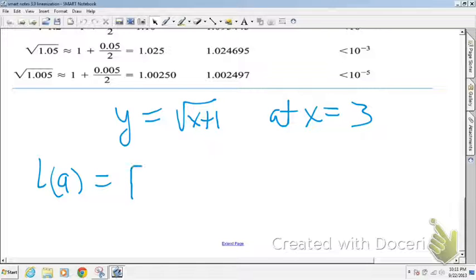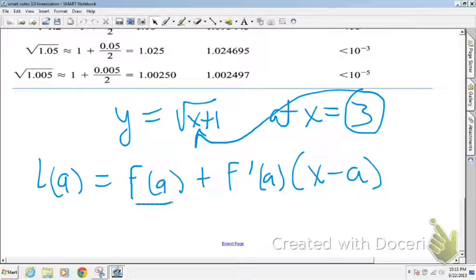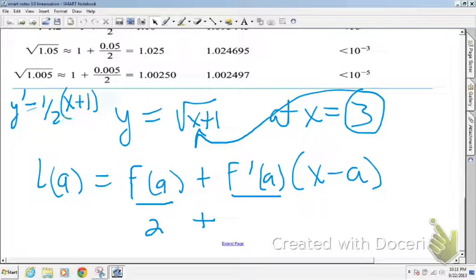Well, then that's going to be f of A plus f prime of A times x minus A. Now just go ahead and take 3, store it into the original function. This means function evaluated at A. So 3 plus 1 is 4, square root of 4 is 2. So 2 plus, now the derivative evaluated at 3. Remember I had erased it, but the derivative was 1/2 times x plus 1 to the negative 1/2.